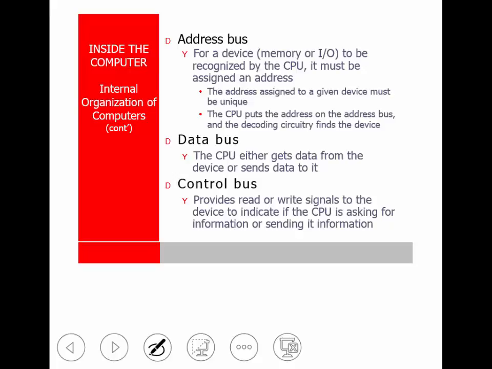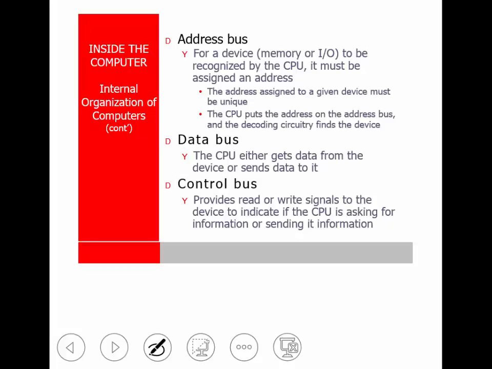The size of the data bus determines how much data can be at each of those locations. If it's an 8-bit microprocessor, it's going to have an 8-bit data bus, which means every one of those 65,000 locations is going to contain a single 8-bit number. If it's a 16-bit microprocessor, every one of those locations is going to contain a 16-bit number.